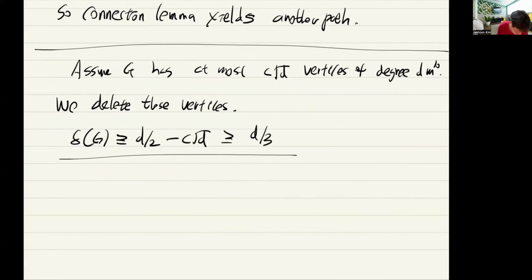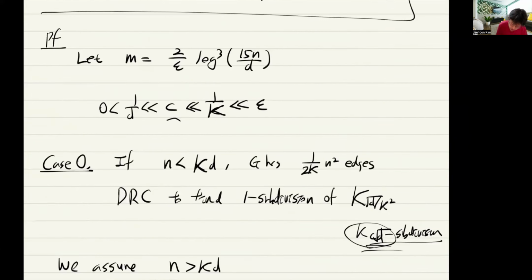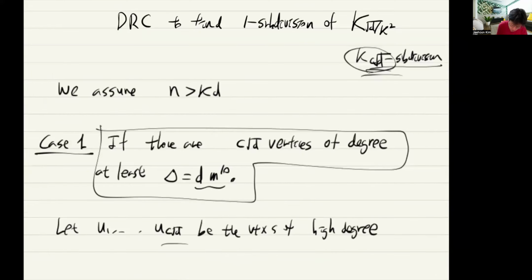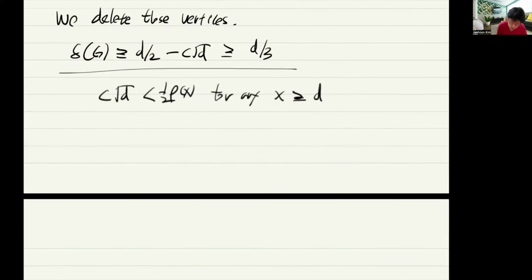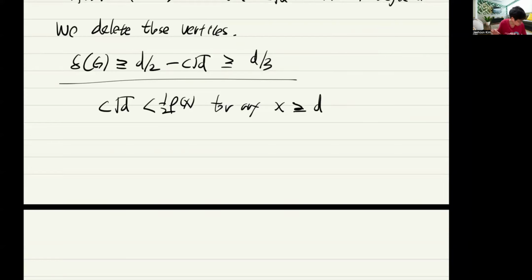And also, how many did we delete? C times square root of d, which is smaller than, say, rho x divided by half for any x at least d. Our graph was what? Epsilon d expander. So all the sets of size at least d over 2 expand. That's the definition. But for those, this is negligible. This is roughly x over log square x, and this is like a square root of d. So this is small.